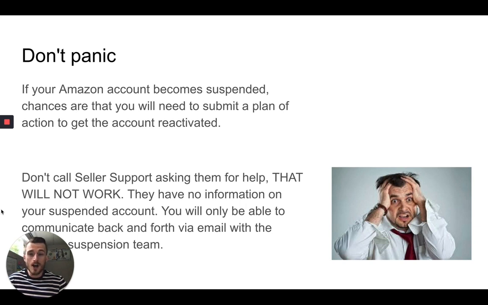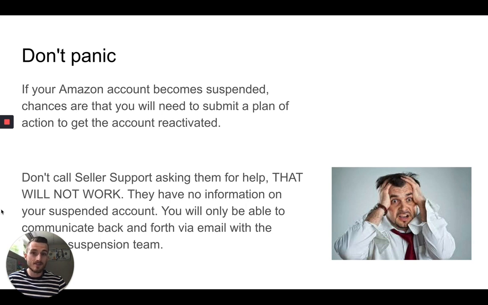What you need to remember not to do is call seller support and ask them a bunch of questions and try to get them to reinstate your account, okay? Because Amazon seller support has no idea what's going on with your suspended account. They won't be able to do anything for you whatsoever. The only way you can communicate with Amazon is through email, to their account suspension team, okay?